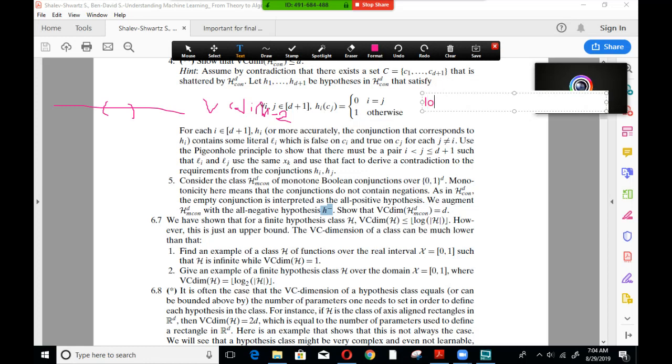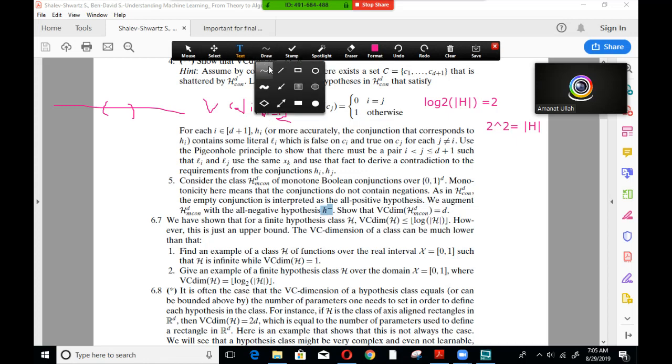So log 2 base of h equals 2, as the VC dimension here is 2. Now the size we need would be 2 to the power 2 equals the hypothesis class size. So we need four intervals.